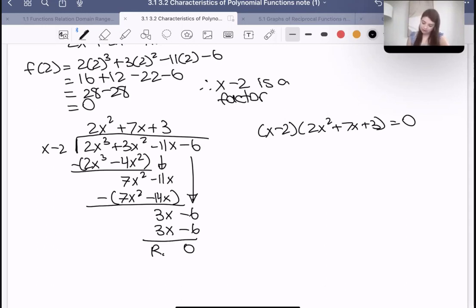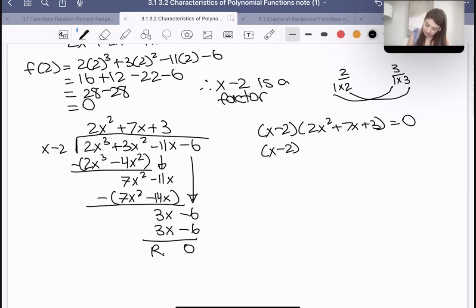Now we have a quadratic on our hands, so we need to find things that multiply with 2 and 3 that give us 7. So 1 times 1 is 1, and then 2 times 3 is 6, and 1 plus 6 gives us 7. And so that's going to be our answer.